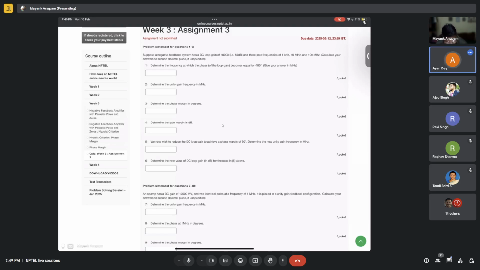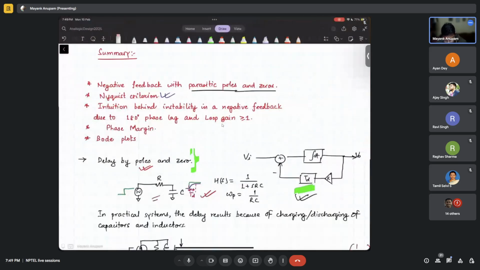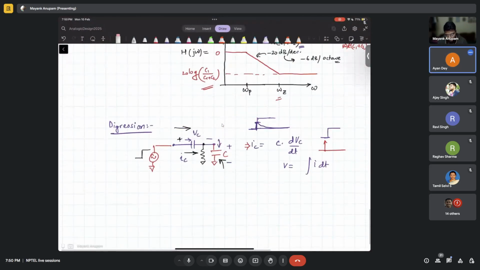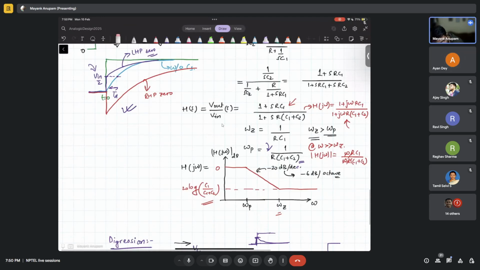V by V. What is meant by gain? Gain means V naught by Vi. Both V out and V in are in terms of voltage. That is why it is V by V. It is a dimensionless quantity, isn't it? The gain does not have any dimension or unit. Okay.